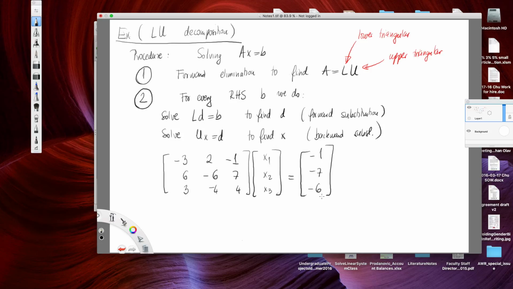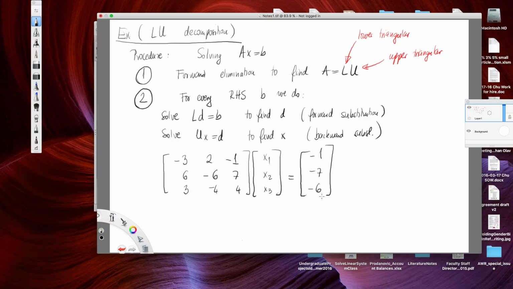So what I'm going to do is forward elimination, and I'm just going to be careful to record all of the coefficients that I'm multiplying different rows of A with, and that will actually assemble our matrix L, and U will be the product of that forward elimination. Okay? So there's nothing really new other than recording the coefficients here. So let's do that, and then I'm going to backtrack and explain to you why it is actually working.